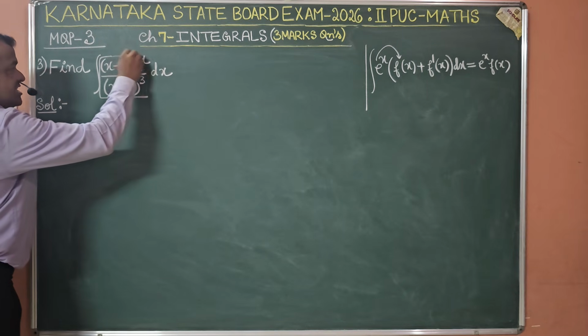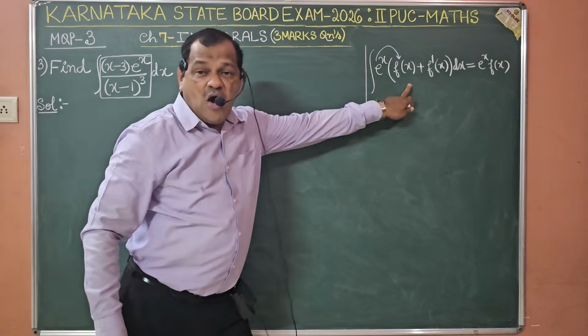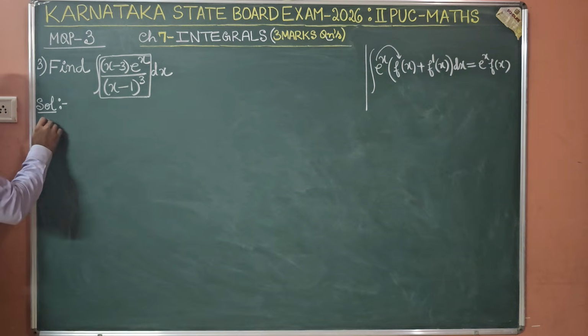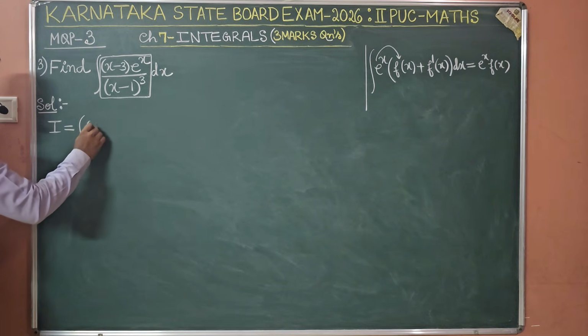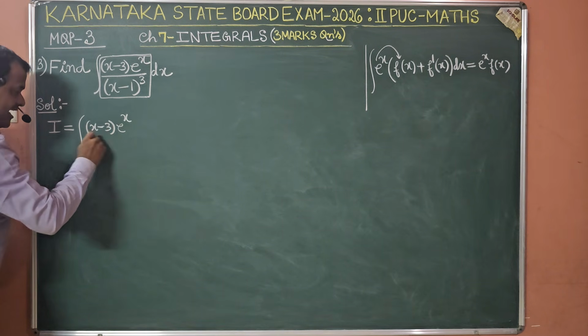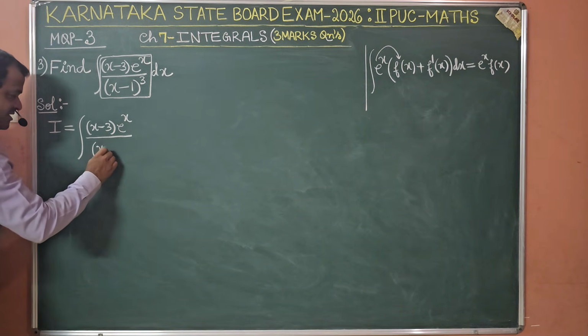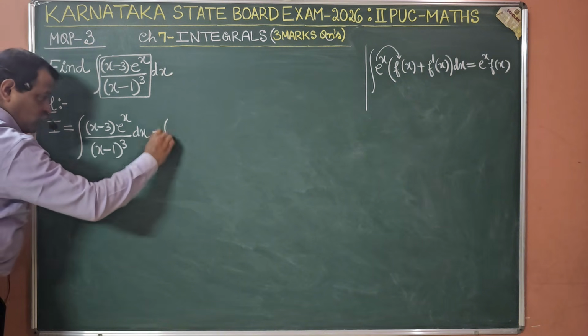Therefore, I should rewrite this integrand in this form. I will start here. I is equal to what they have given, x minus 3 into e power x by x minus 1 whole cube dx, and I will give the clue.